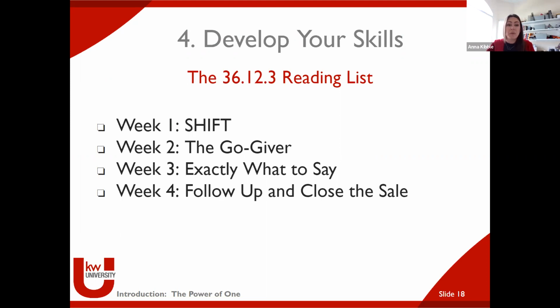The Go Giver by Bob Burke, that was last week's book, all about how to come from contribution, give before you receive. A phenomenal story to help get your mindset right when it comes to lead generation, particularly inside of your sphere, right? This week, it's Exactly What to Say, a book about exactly what to say. There's so many golden nuggets in there.